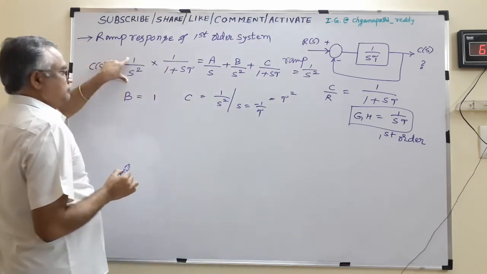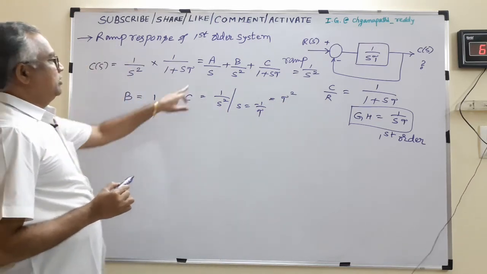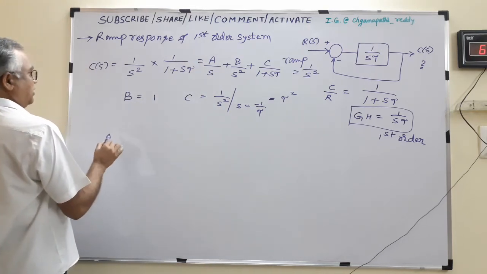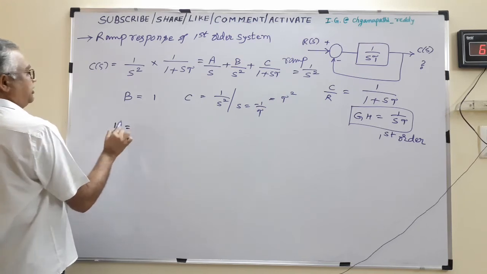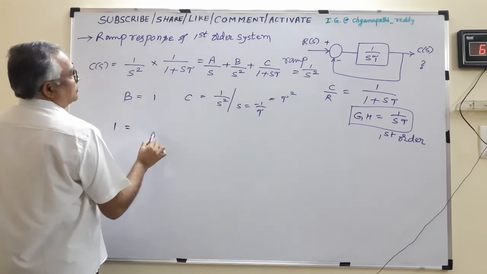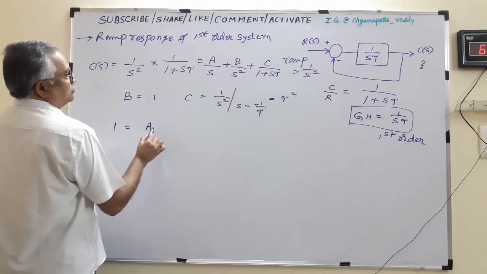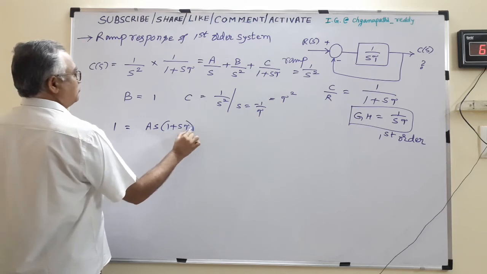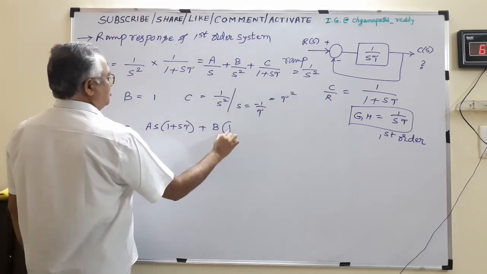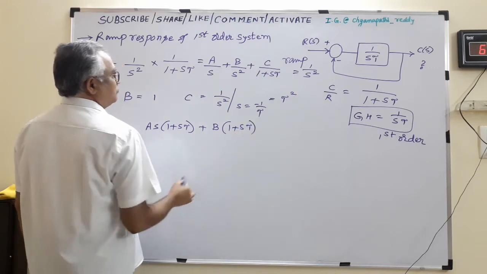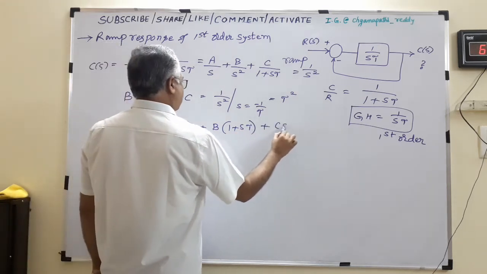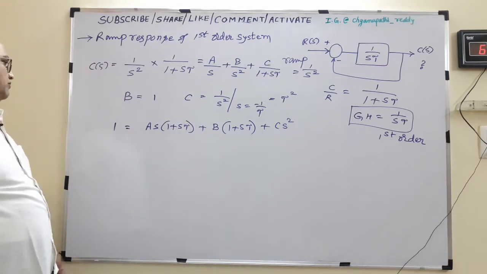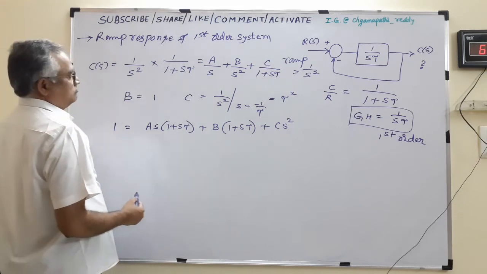That is C value. But A you can't do like that. So if I take LCM, 1 is equal to A into S into 1 plus S tau, plus B into 1 plus S tau, plus C S square. Take LCM and simplify. So you get this.